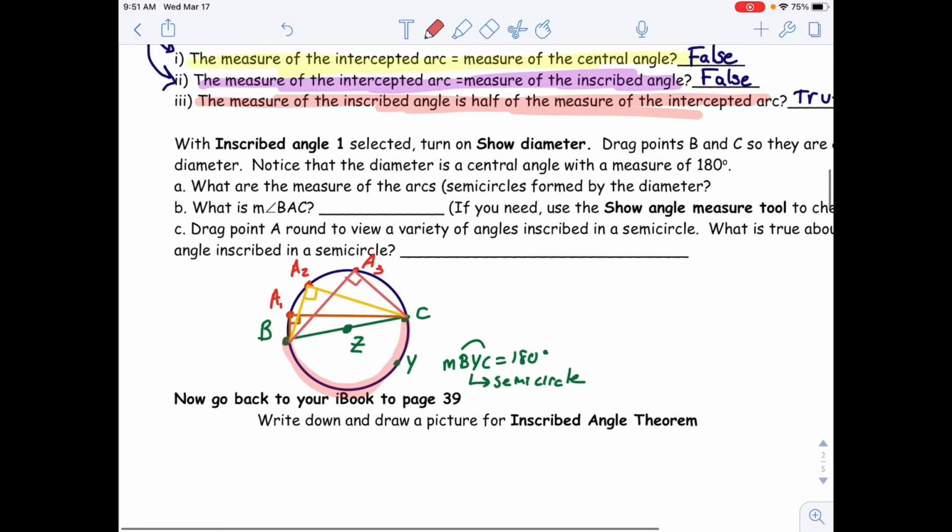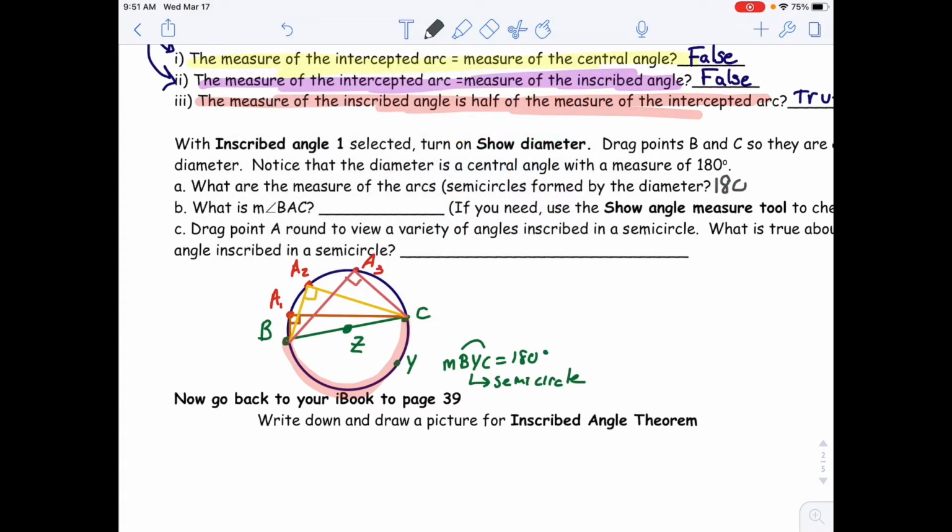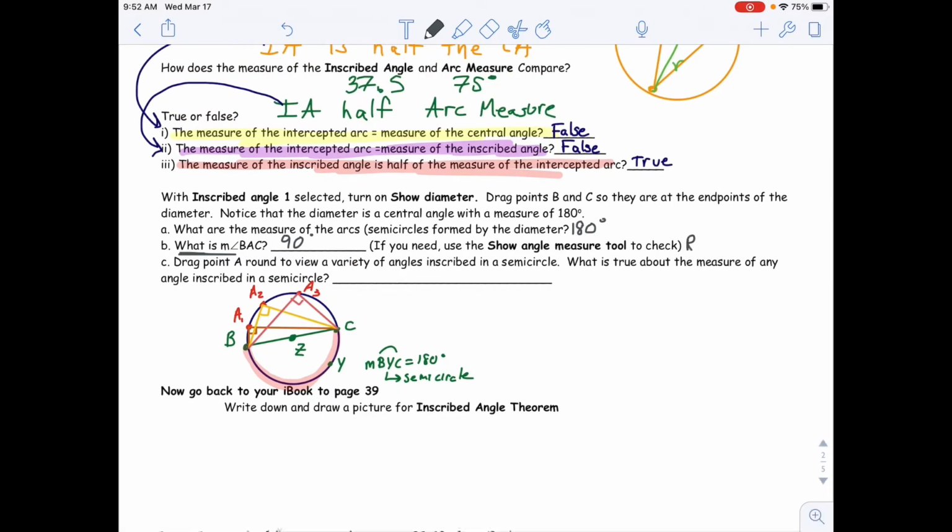So what are the measures of the arcs of the semicircle formed by the diameter? We already said that was 180 degrees. Now, what is the measure of angle BAC? And look, I've made up several A's, A sub 1, A sub 2, A sub 3. It doesn't matter which one we pick, it's always 90 degrees. Let's even write, it's a right angle.